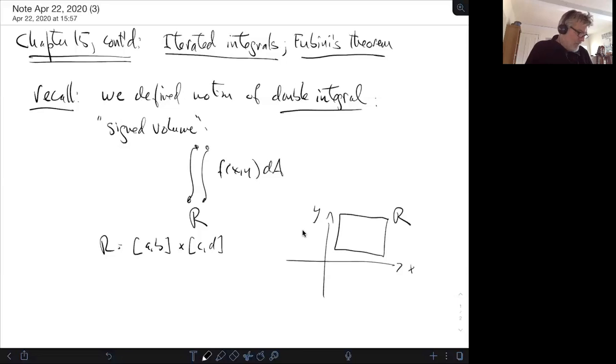Okay, so let's see what this is about. Iterated integrals.